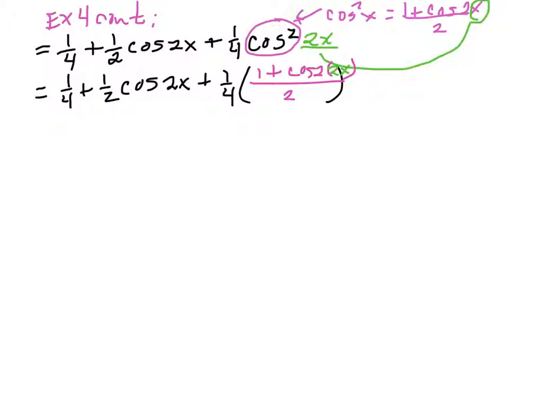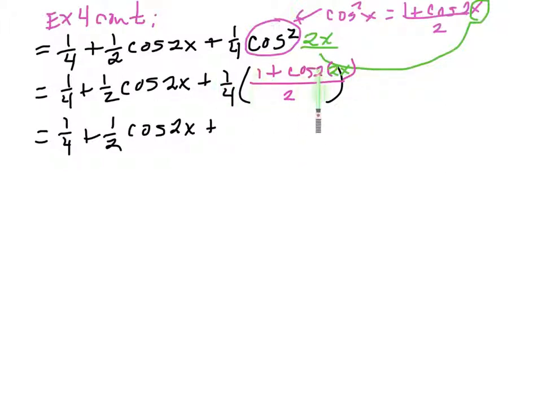Now what can I do? Would you be okay if I multiplied these two together at the same time that I multiply 1 to the numerator and 4 to the denominator? Because I have a fraction times a fraction. Don't you multiply the numerator to the numerator and the denominator to the denominator? Right? So let's rewrite what doesn't change. 1/4 plus 1/2 the cosine of 2x plus, now I'm going to take my 1 and multiply it by all of this.